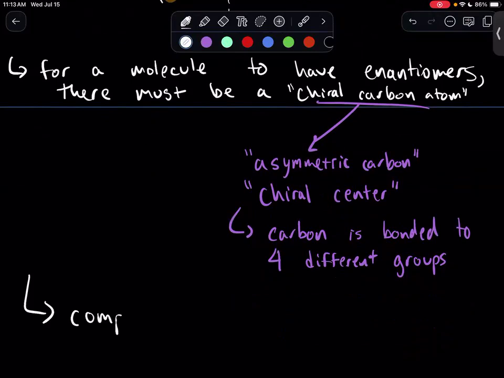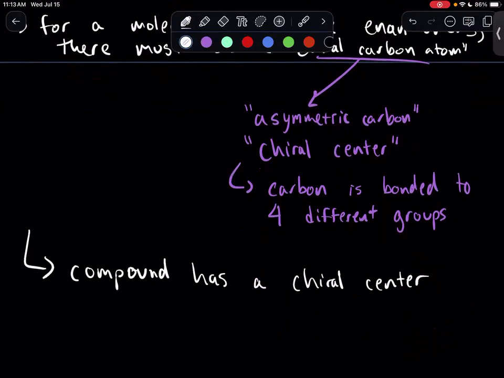When a compound has a chiral center, we refer to it as optically active, which is where we get the name optical isomers, which we're going to explain in just a moment.